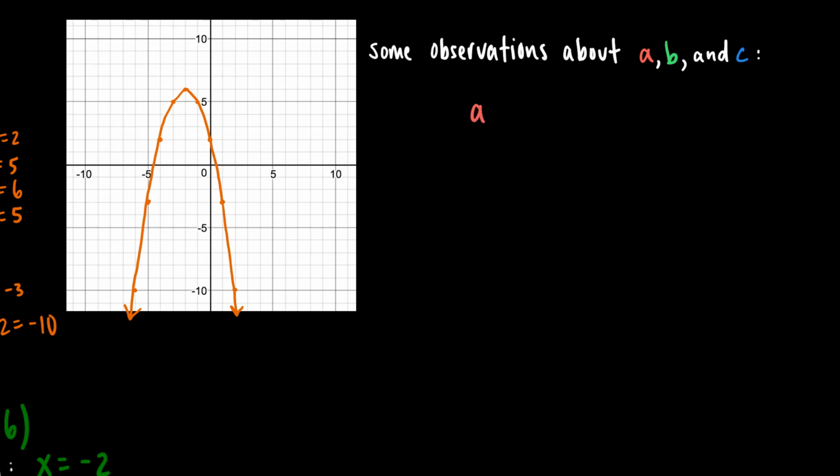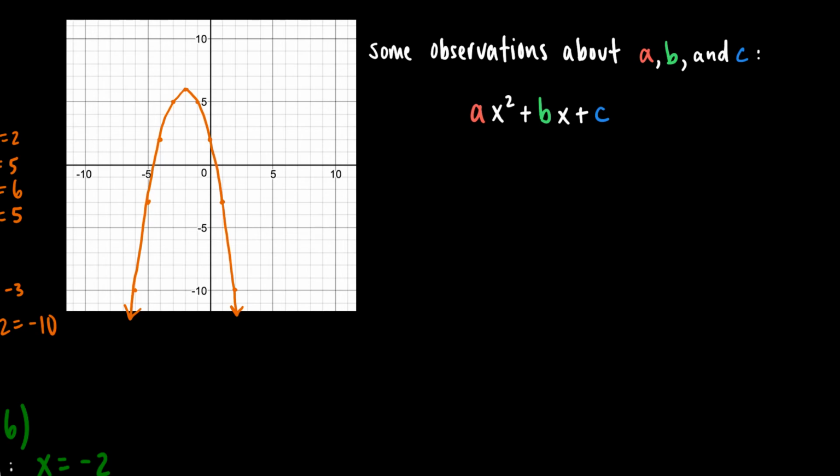So it's ax squared plus bx plus c. So that's just kind of a standard quadratic. Remember that a, b, and c can be negative. But there are some really helpful things about a, b, and c that I want to point out to you.